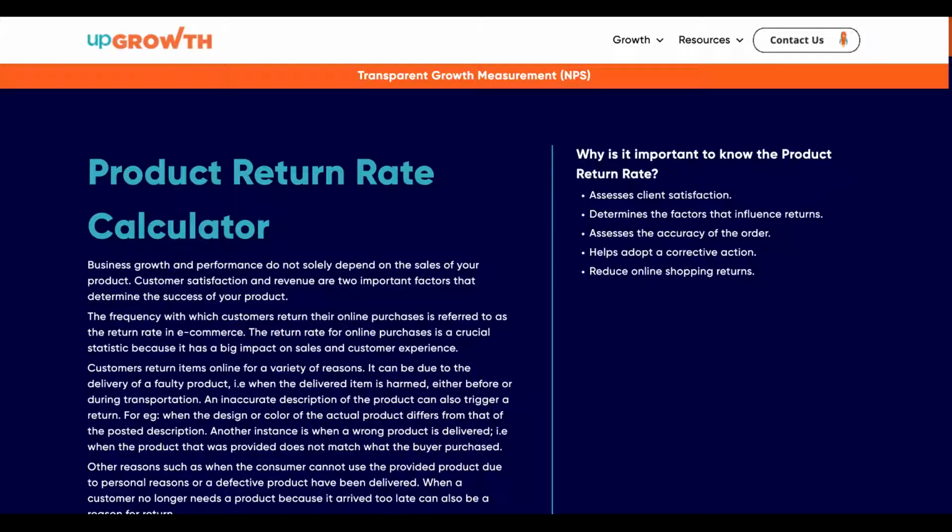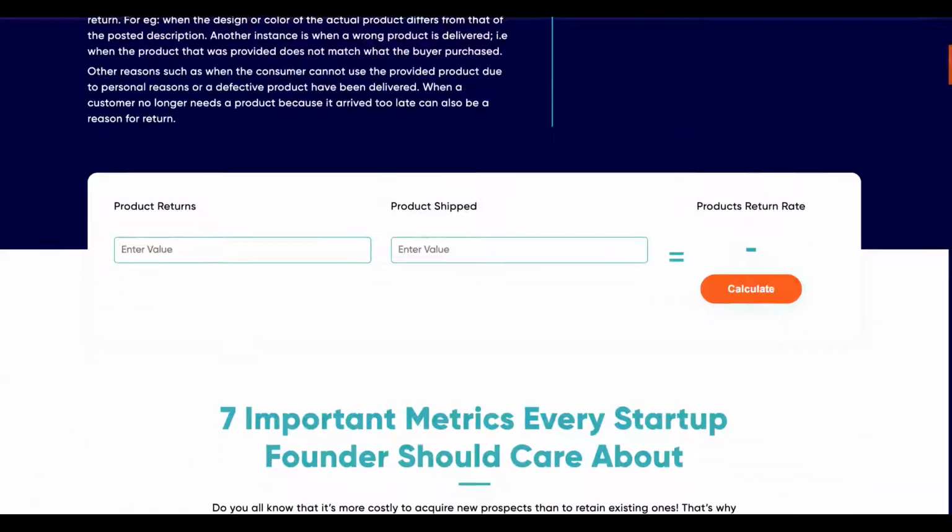In today's video, I will walk you through our nifty product return rate calculator. We'll explore essential aspects of calculating your product return rate, whether you're a small online jewelry owner or a part of a large e-commerce company.